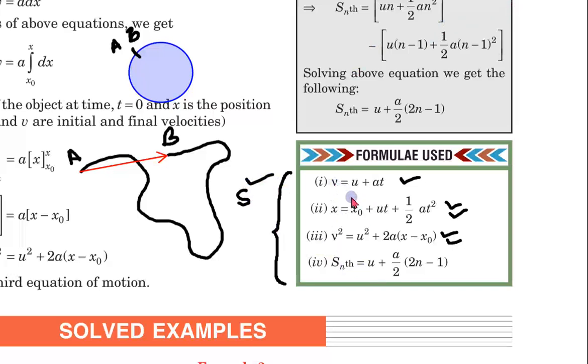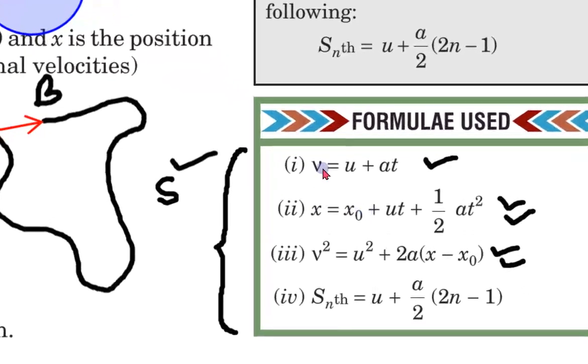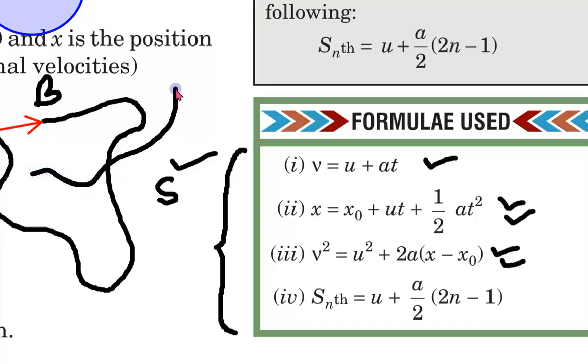V is the final velocity. Final velocity means if I move with some velocity, then my velocity or speed may be different. That final velocity is V, and my starting velocity will be U. And here A is acceleration.